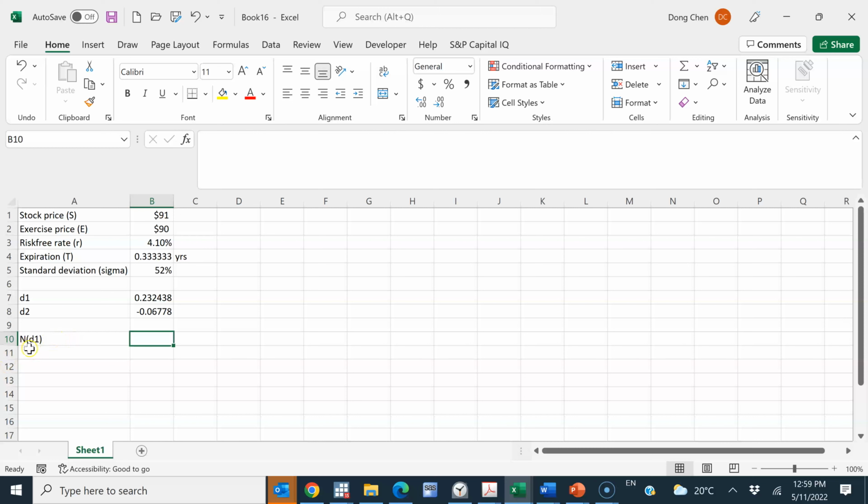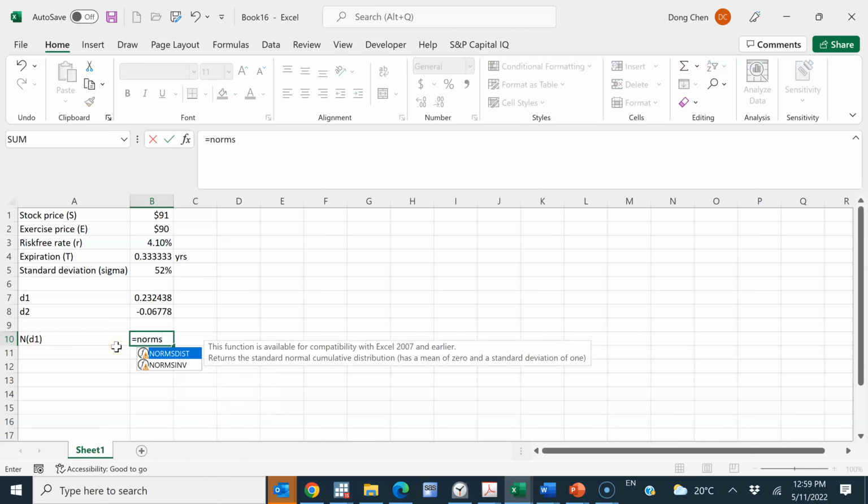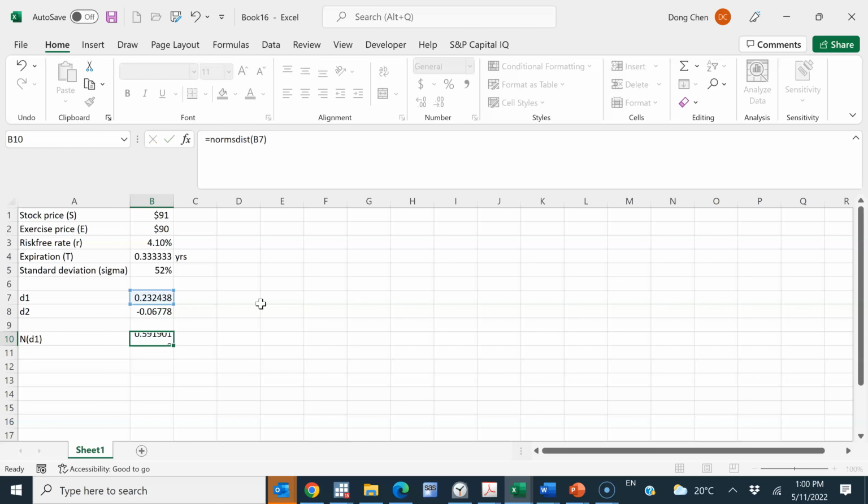So N(D1) stands for the probability of that random variable being less than or equal to D1. So I can use this NORMSDIST function, right? This will give me the CDF of a standard normal distributed function. You can see there's only one argument z. You can just put this D1 and this will give me the N(D1).